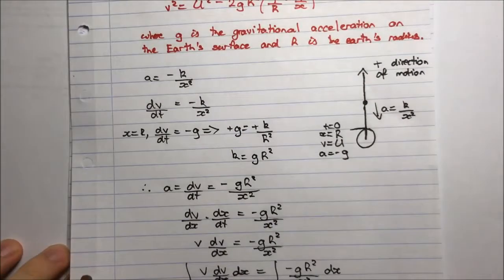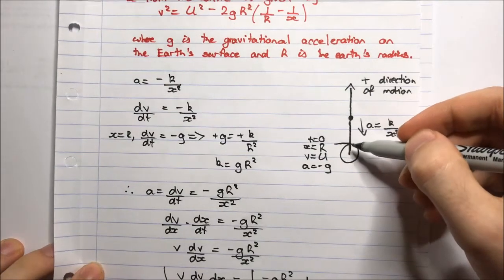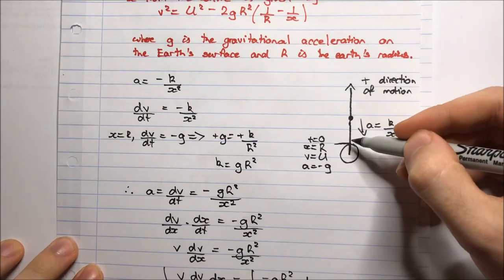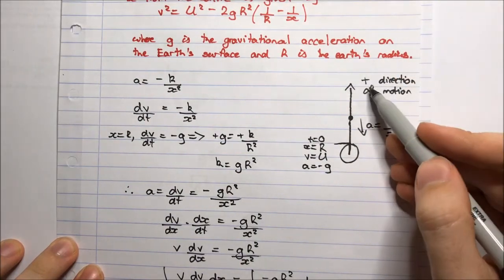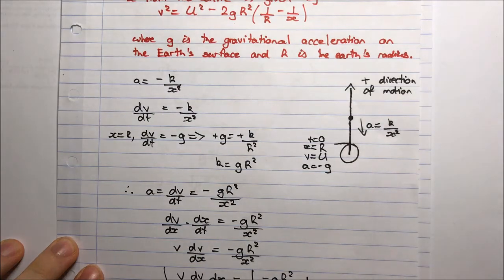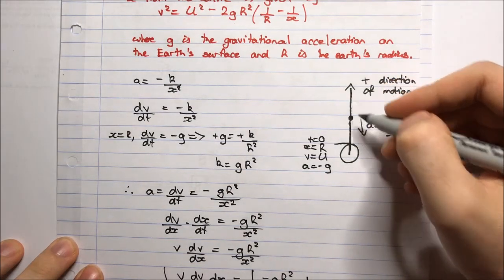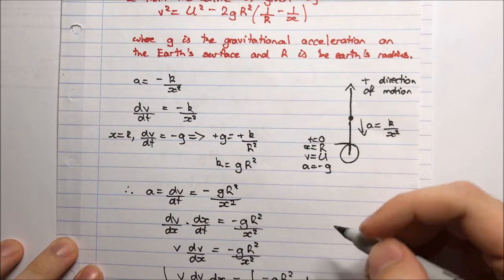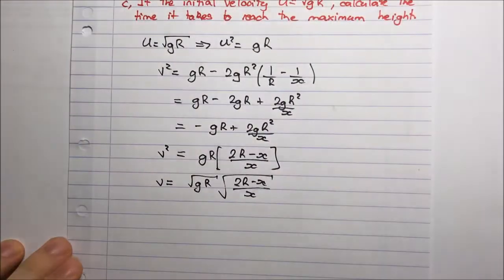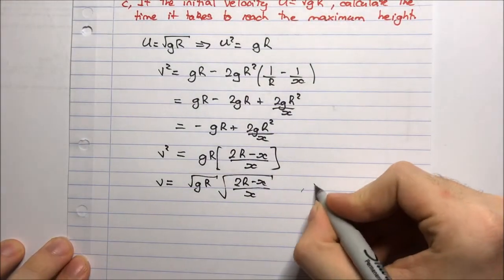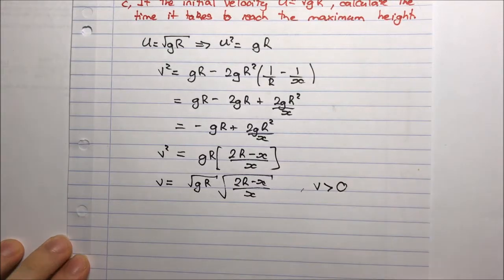As it reaches the maximum height, it always has a positive velocity because it's always traveling upwards, which we have defined as the positive direction of motion. It's never going down until after it reaches the maximum height, so we always have a positive velocity in that time. So v is greater than 0.